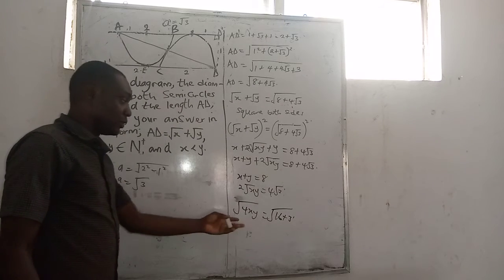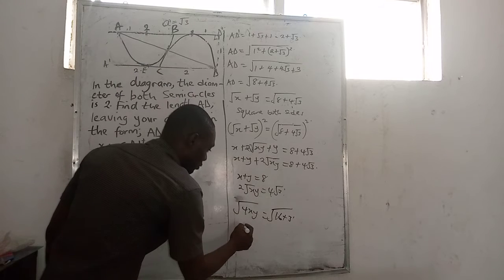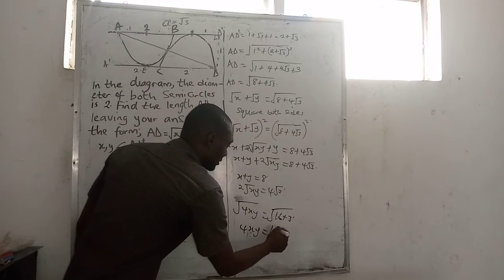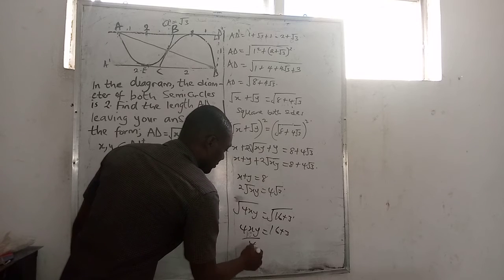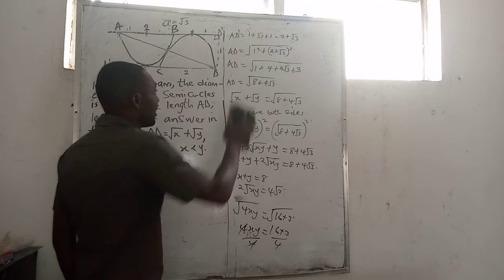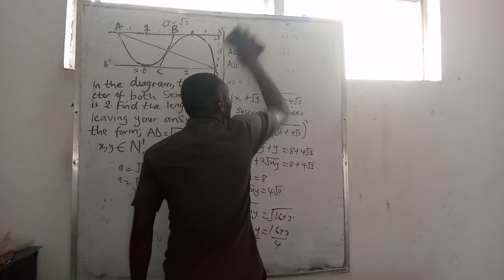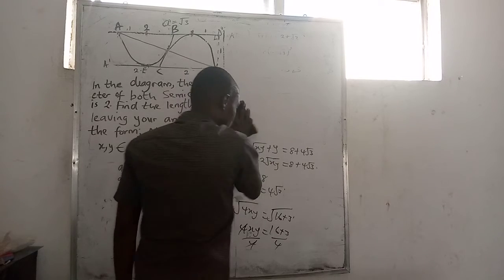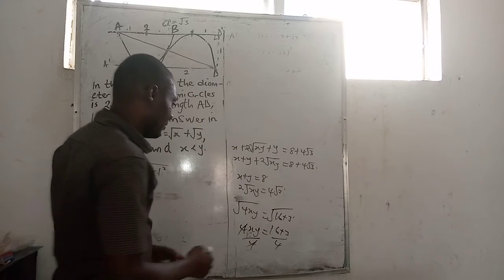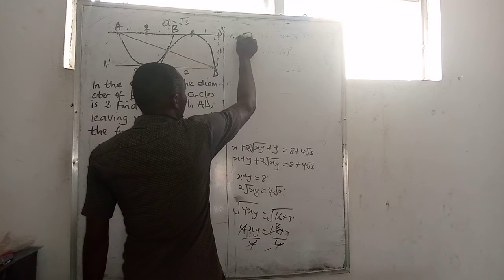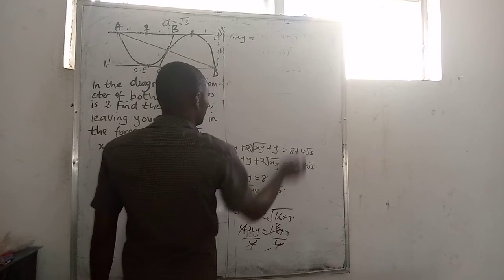So if we do this, the square will cancel out. So we have 4xy equals 16 times 3. So we simply divide both sides by 4. I'm going to have xy equals 4 times 3, 12.